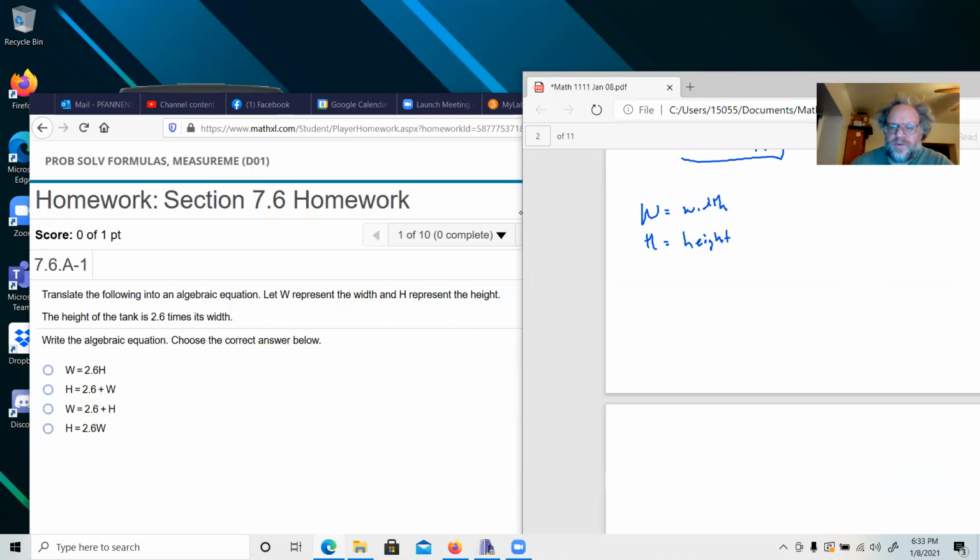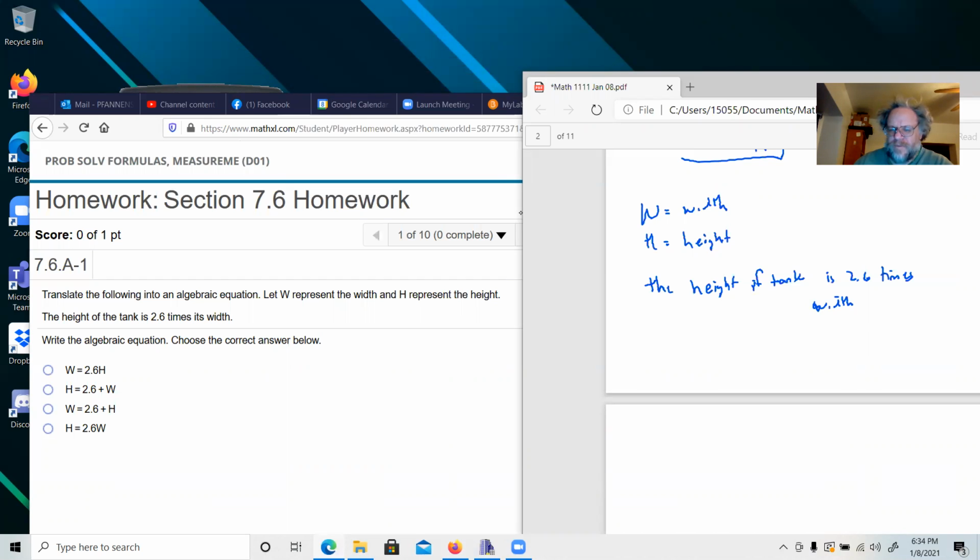And what we have to do is say the height of a tank is 2.6 times width. All right. So there's a couple of different options that we could look at here, right?